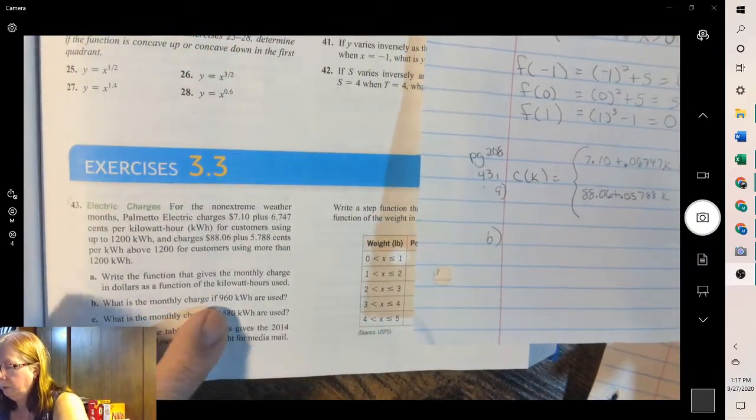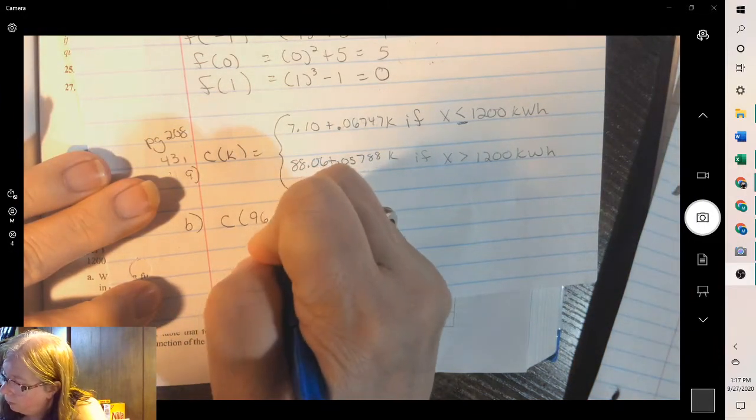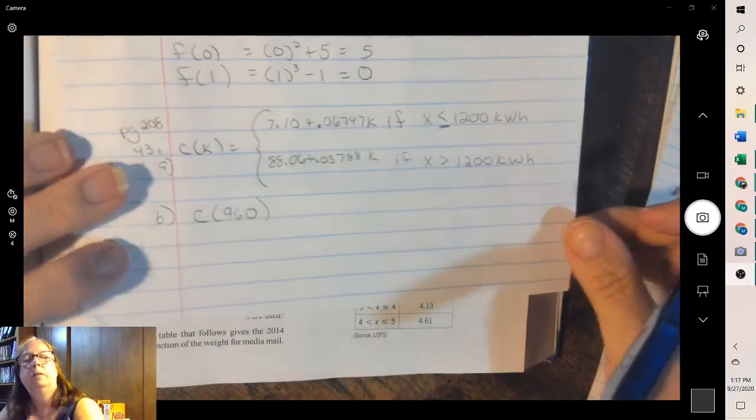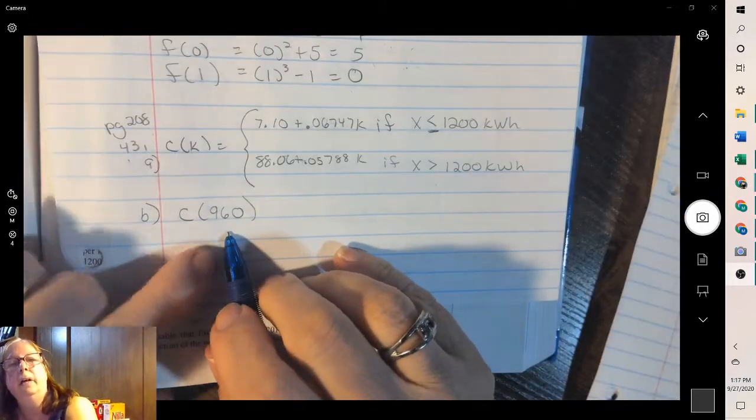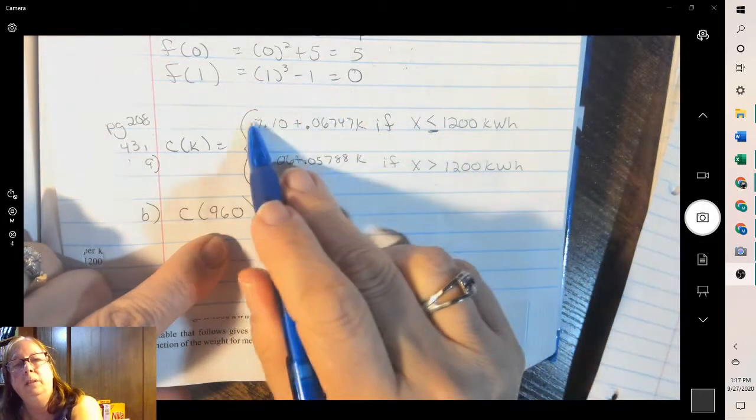What is the monthly charge for 960 kilowatt hours? So if 960 kilowatt hours, 960 would be the less than, so we're using this one.